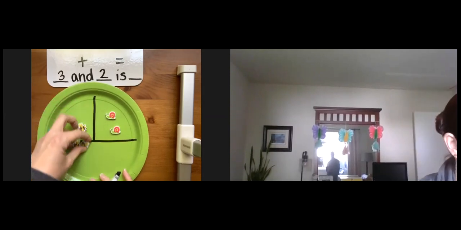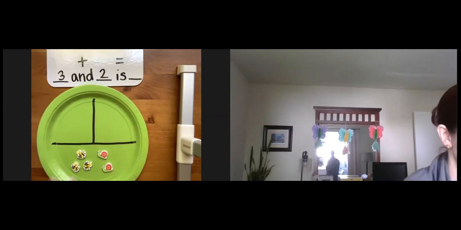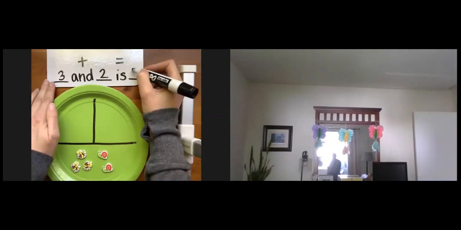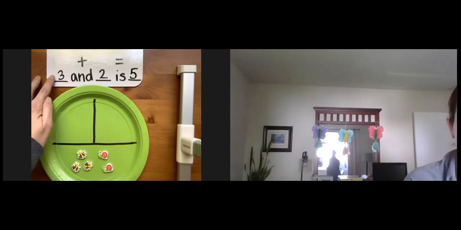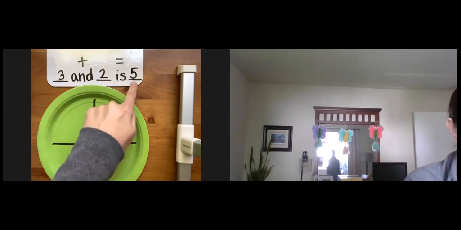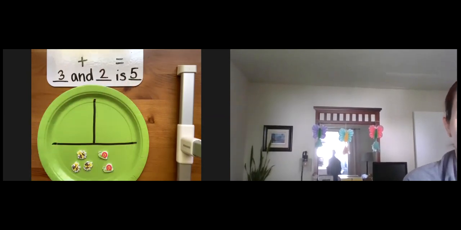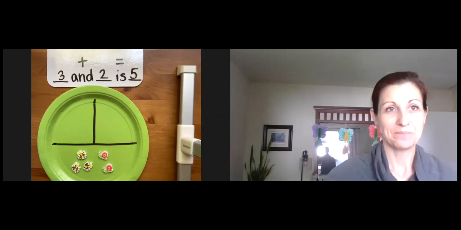So I'm going to join them together. 1, 2, 3, 4, 5. Okay, so you'll see that part is 3, the other part is 2, and the whole quantity is 5. Okay, let's try one more.